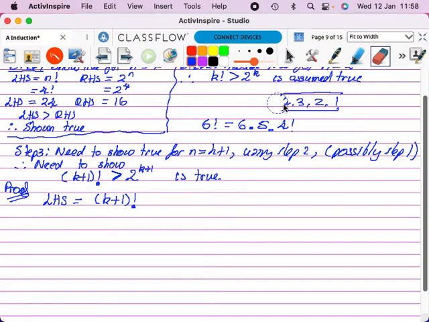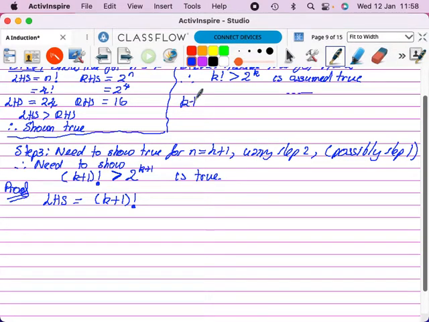Because now I'm going to do it for k plus 1 factorial. So what do I know about k plus 1 factorial? Well, I know it's going to be k plus 1, and then you drop down 1, so you get k, and then you drop down 1, k minus 1, and then you drop down 1, k minus 2, dot, dot, dot, all the way down to 1. But what does this mean here?